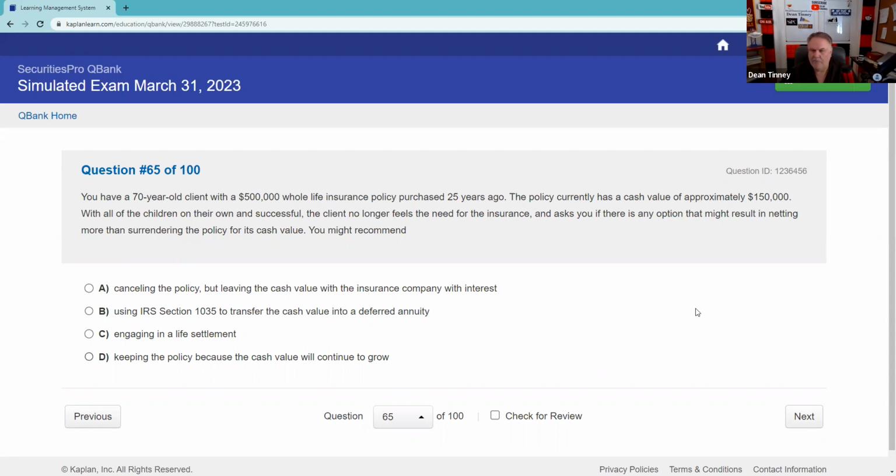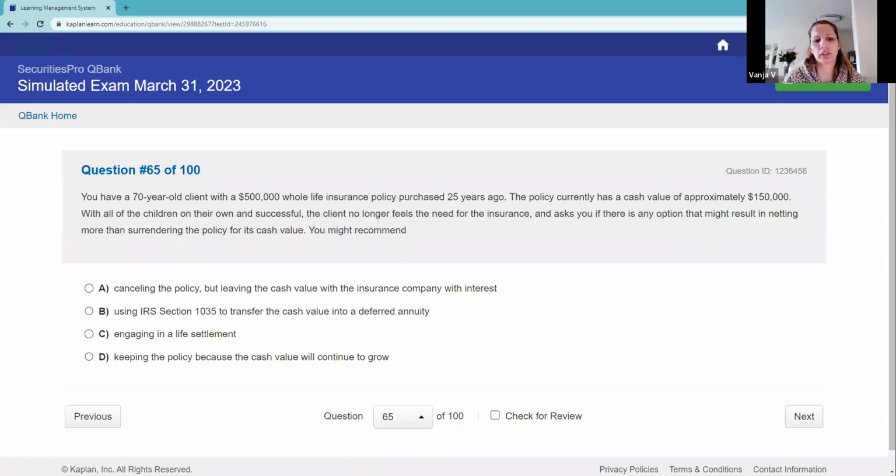You might recommend: canceling the policy but leaving the cash value with the insurance company with interest; using a Section 1035 exchange to transfer the cash value into a deferred annuity; engaging in a life settlement; keeping the policy because the cash value will continue to grow.